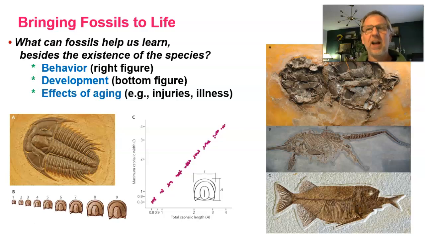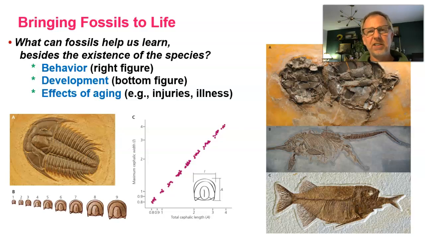We can learn lots of different kinds of things besides just the existence of a species. Behavior, for example. We can see behavior being fossilized. The upper image on the right-hand side of your slide shows a couple of turtles that were mating, and they got buried and killed and fossilized. So there we have fossilized mating behavior.